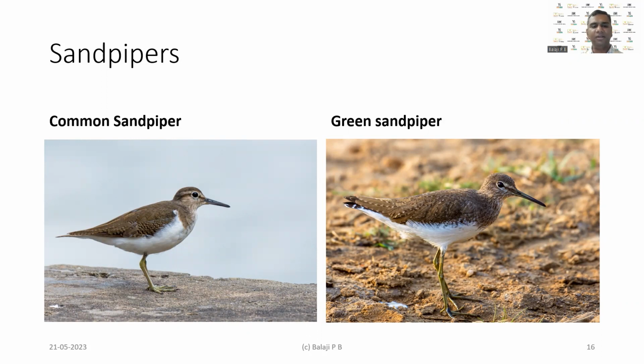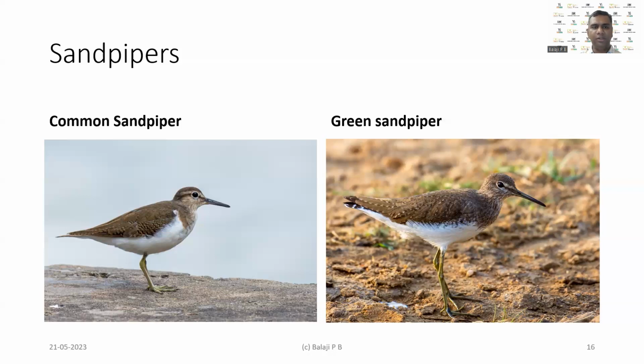They are tactile feeders, so they need to feel their food before they take it. Their eyes are relatively smaller when compared to the plovers. So that is the main differentiating aspect between plovers and sandpipers.